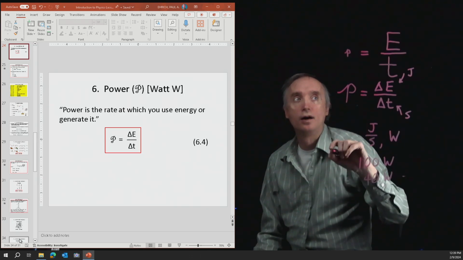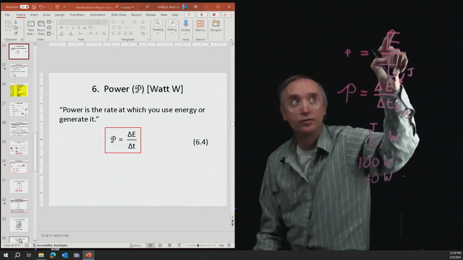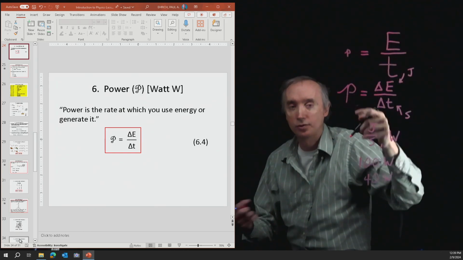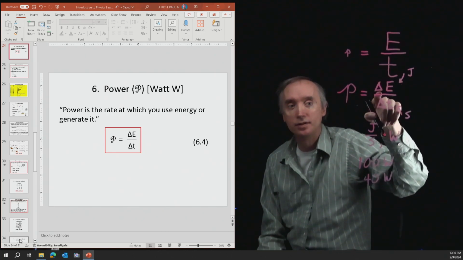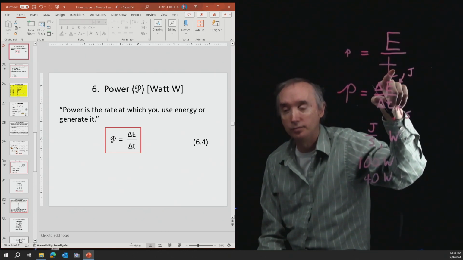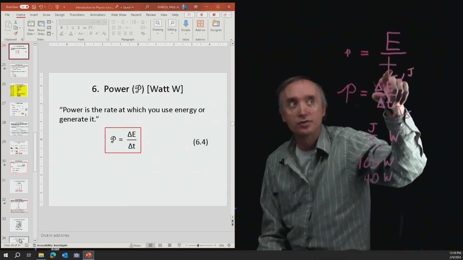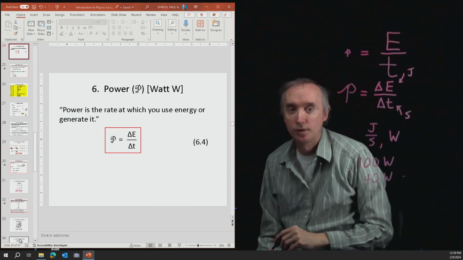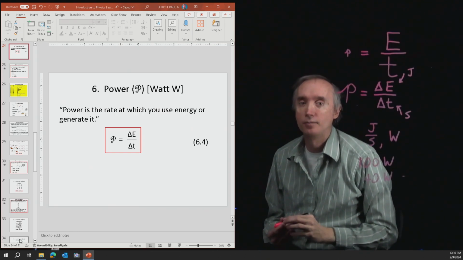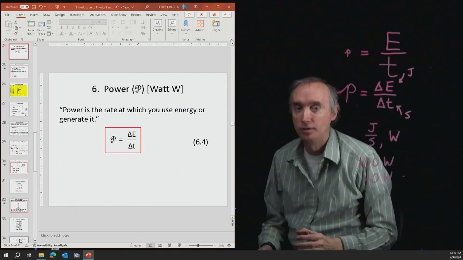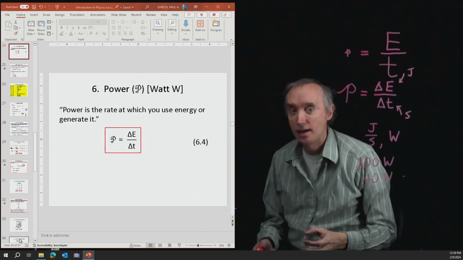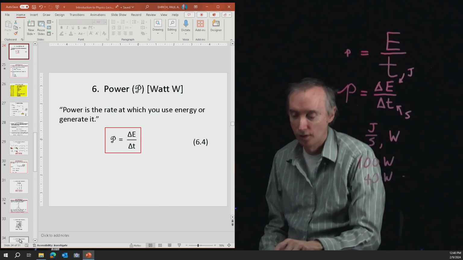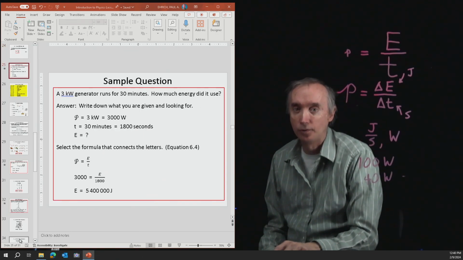But if this device produces a huge amount of energy in a very short period of time, then if you divide by a small number, what comes out is going to be a big number. So just remember that power is a combination of energy, and you also have to take into account time when you do that.